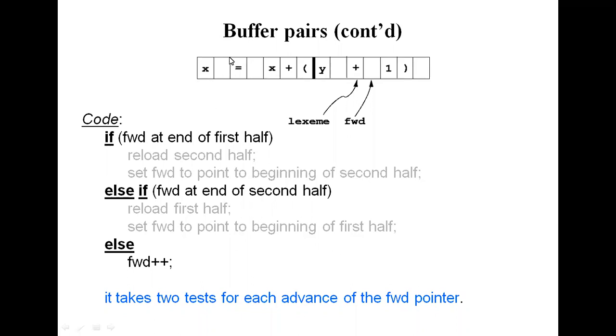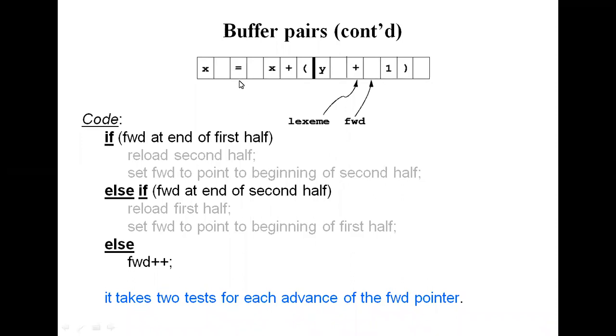Now the forward pointer moves to the next character, is equal to. The begin pointer also moves to the is equal to character. Why? Because we found the lexeme, so both pointers move to the next character.